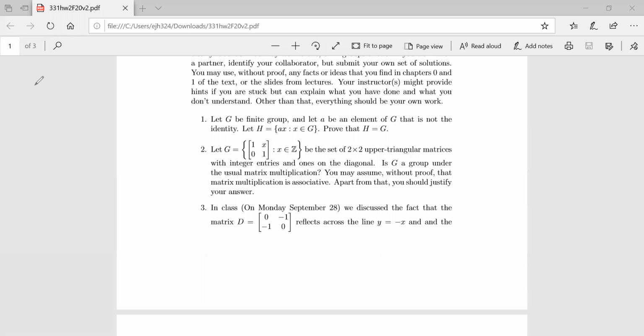So what is the definition of a group? Someone give me the group axioms. Must be closed under the operation. Yeah, closed under star. What else? Associative. What else? Inverse.